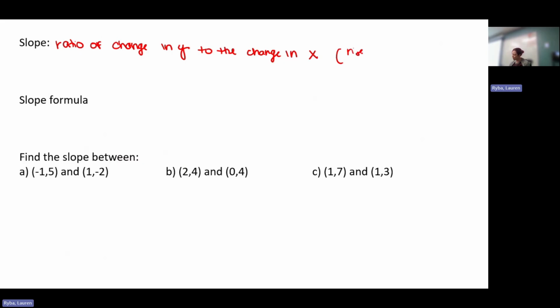You may have heard it called the rise over the run. How much y is changing with respect to how much x is changing. And we have a formula for that, which is m equals y2 minus y1 over x2 minus x1.